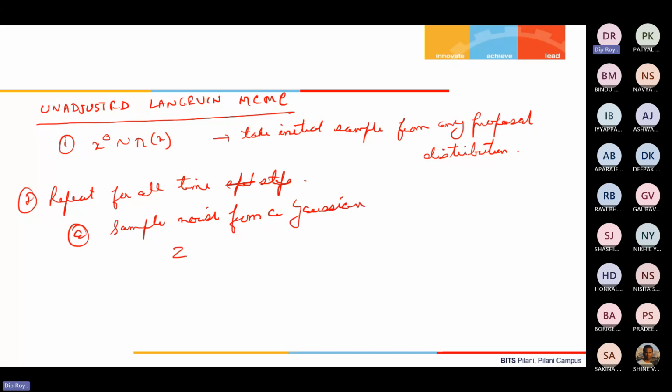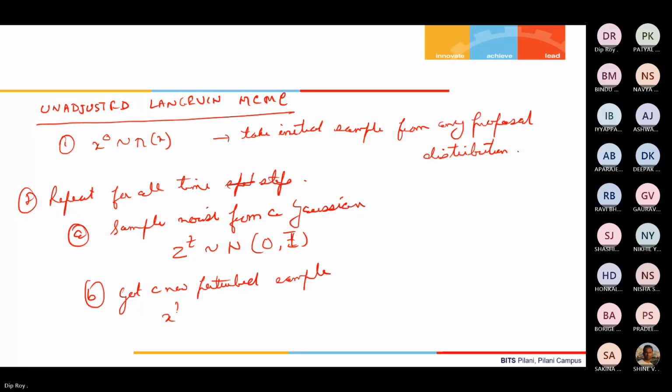And we'll say Z t is independent and identically distributed. And now what we do is we get a new perturbed, noisy sample. This particular sample will work in this particular manner.